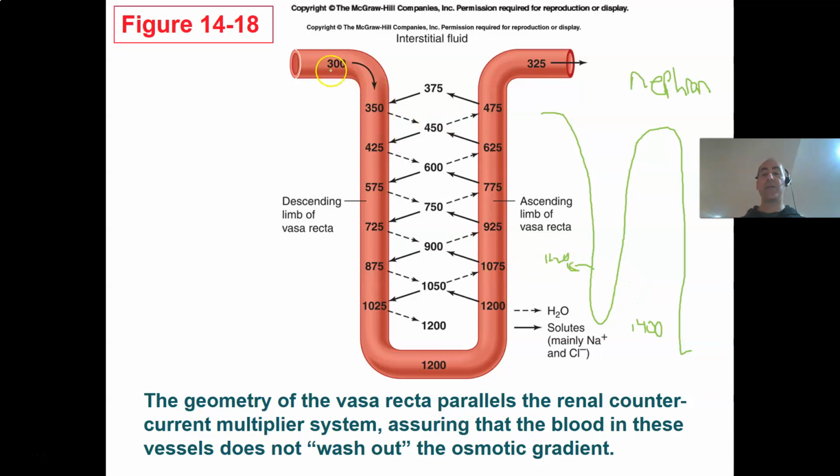If you didn't have a shape of a hairpin turn in the vasa recta, which sits right around the nephron, the osmolarity in all of this bed would be about 300. And what would happen is this 1400 milliosmoles per liter would eventually wash out.